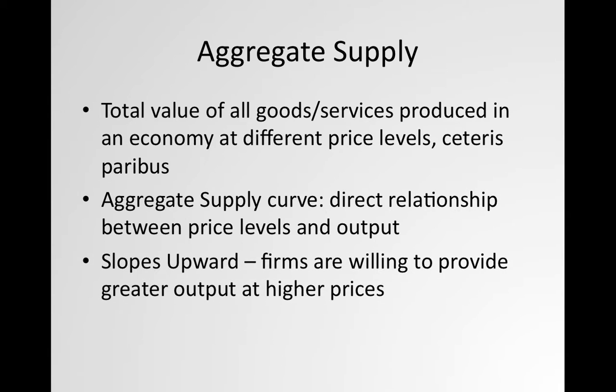Why does aggregate supply slope upward? Well, as the price level, or average price of all goods and services, rises, firms are willing to create more output. So it's very similar to microeconomics in that firms are willing to provide more at higher prices. In this case, it's all of the firms together, the whole economy.